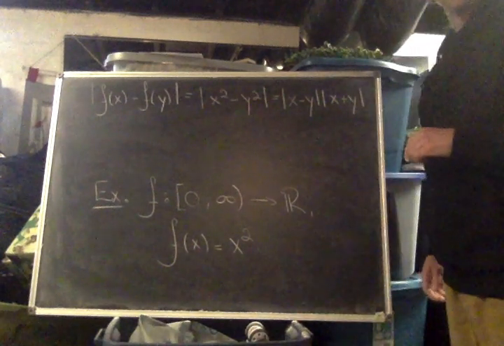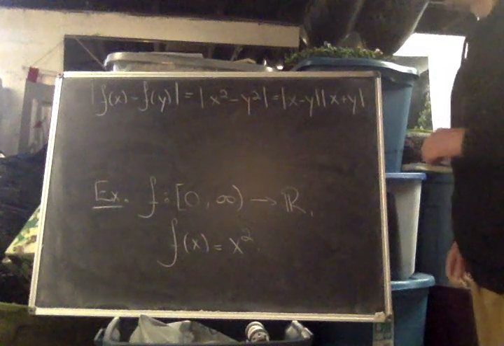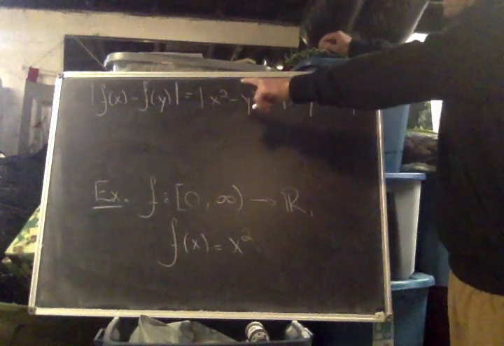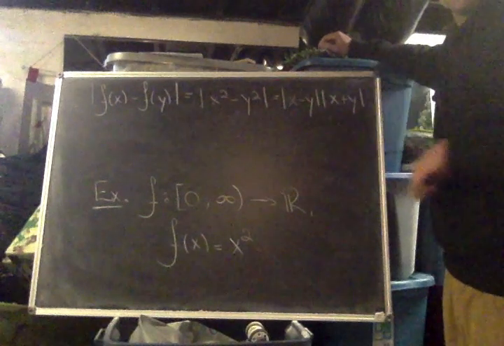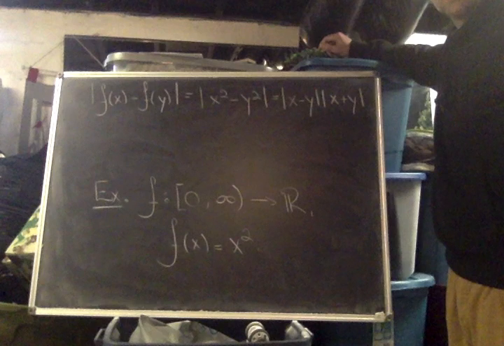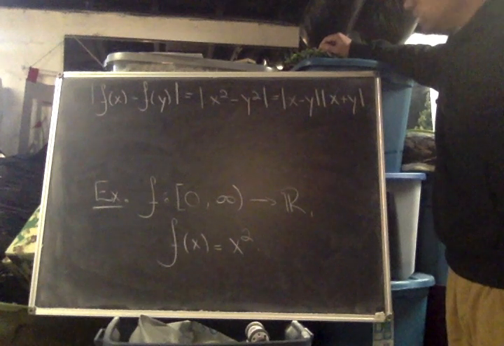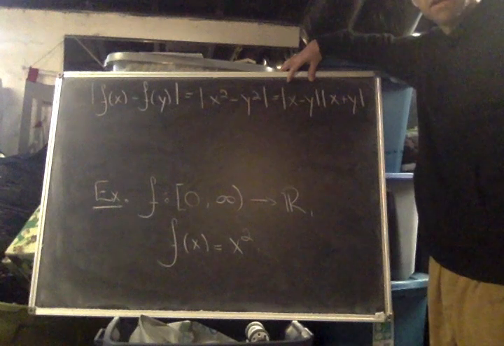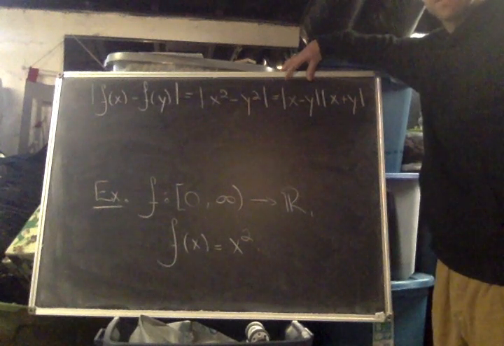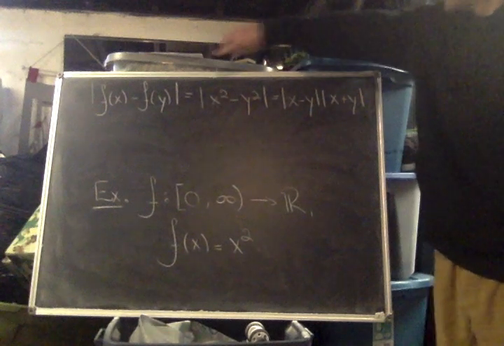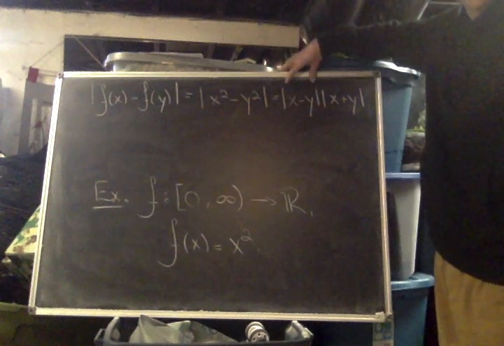And this is good, because if you would like to make the absolute value of f of x minus f of y small, less than epsilon, and the only thing you're allowed to control is the distance between x and y, then it's nice to have an algebraic expression which connects the thing you want to make small with the thing you can make small.